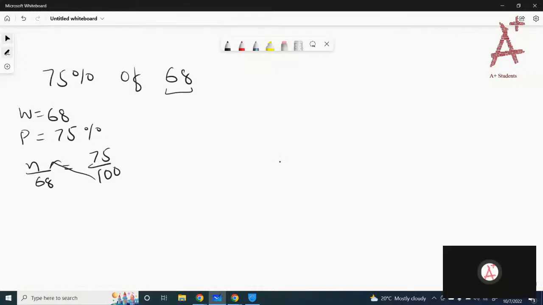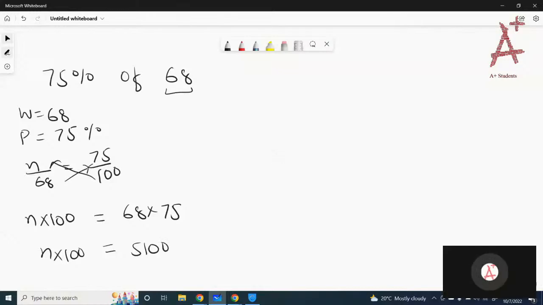So you have to cross multiply them. Multiply n times 100 and 68 times 75. So 68 times 75 is 5100.